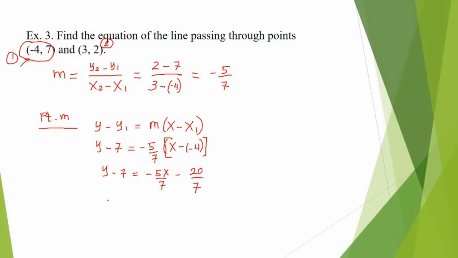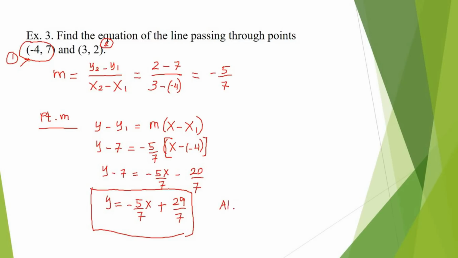Now simplifying this further, we have y is simply equal to negative 5x over 7 plus 29 over 7. So this could be the equation of our line passing through points negative 4, 7, and 3, 2. So this is now our answer.